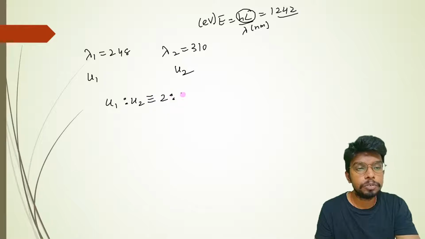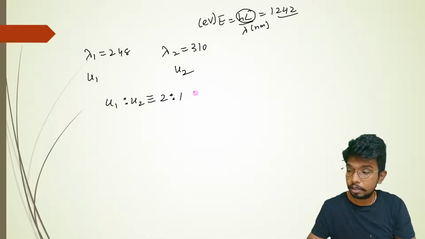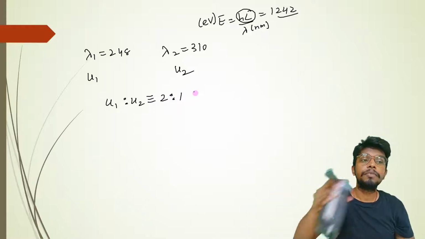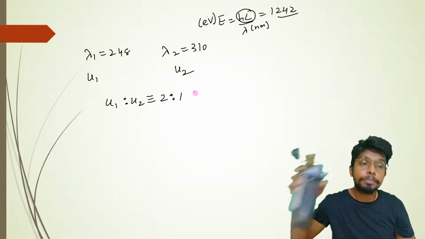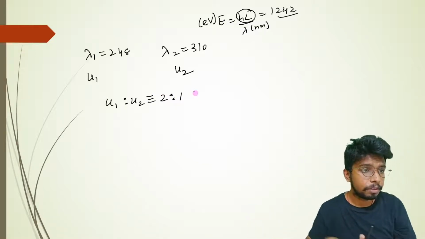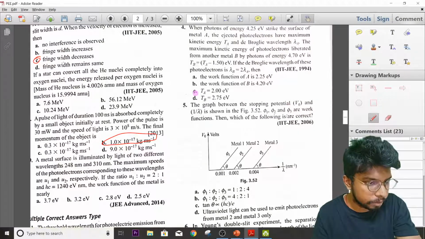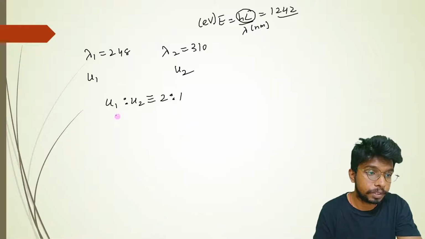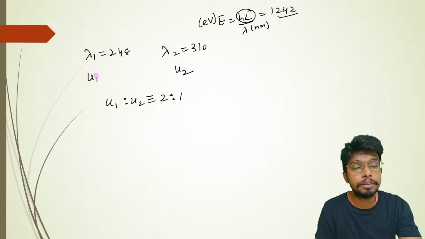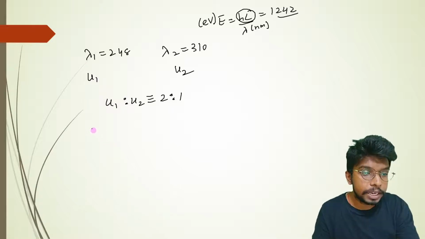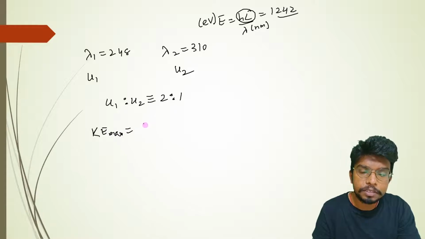So we need to find out what exactly the situation is here. We need to find out the work function. Let's find out the maximum kinetic energy first. Kinetic energy maximum will be the energy given to the system minus the work function.